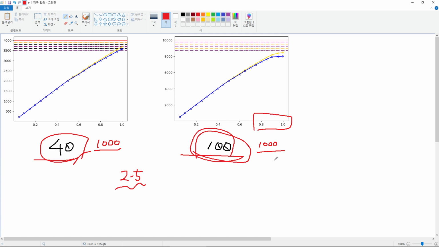So more in terms of population. So that's where I started for today.